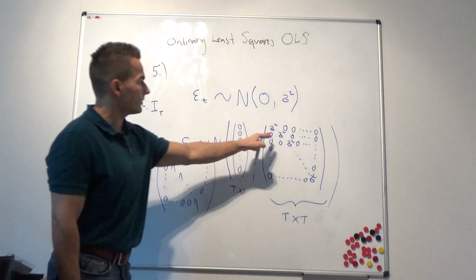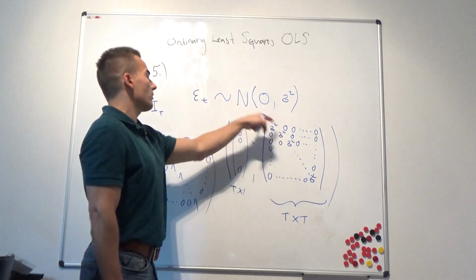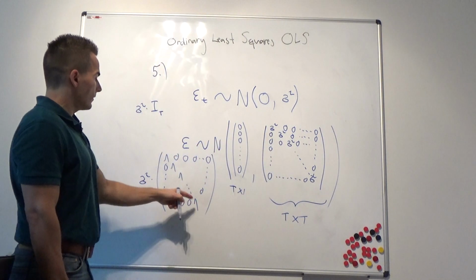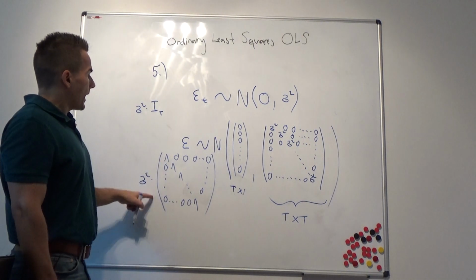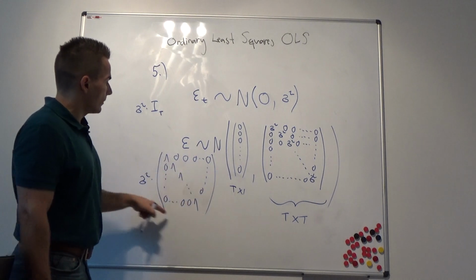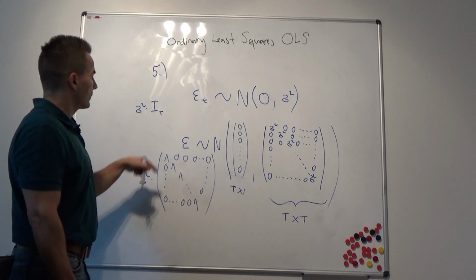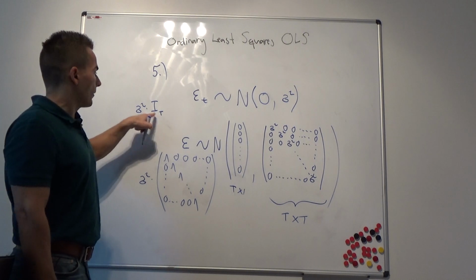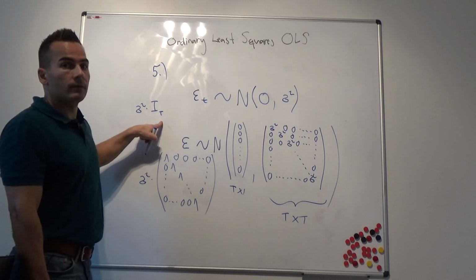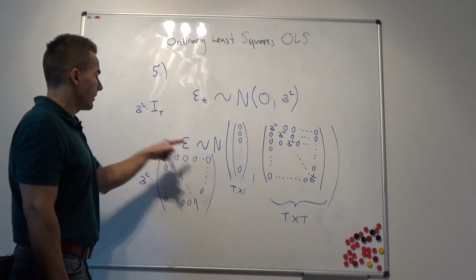We can put the sigma squared out of the parentheses. What remains is the ones on the main diagonal. Yeah? And because this is a very simple identity matrix, we can write it as capital I t, and then we know it's t by t because the identity matrix is symmetric.